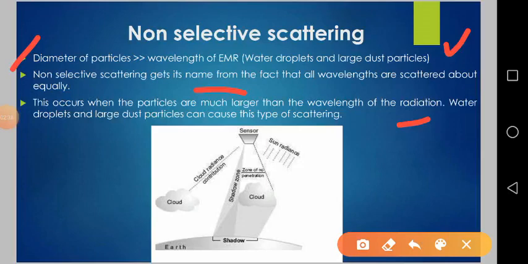Particularly, these water droplets or water vapor inside the cloud have a diameter greater than the wavelength. So as the electromagnetic waves pass through this cluster of clouds, because of the diameter of the particles, equal scattering is observed all around.